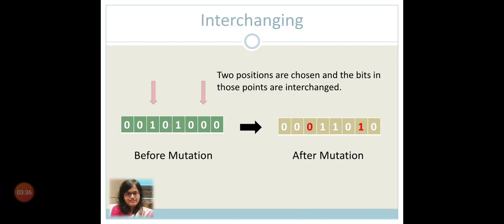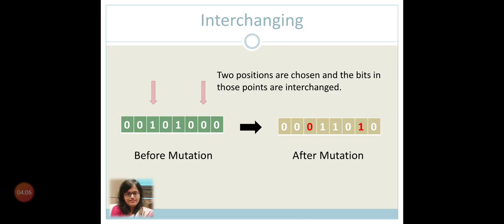Second one, interchanging. In the interchanging mutation technique, we need to decide 2 points. Here the 2 points have been decided at the third position and at the 7th position. After the 2 positions are chosen, the bits in those positions are interchanged. You can see at the third position the value was 1 and at the 7th position the value was 0.